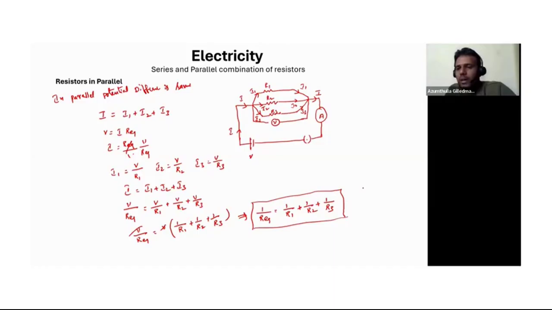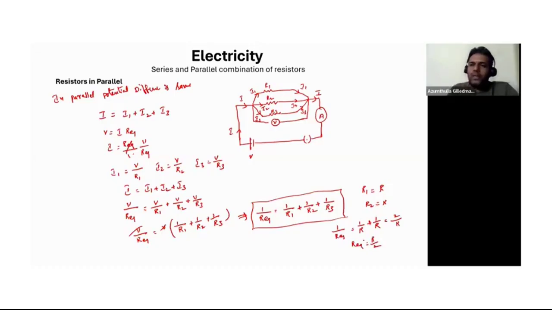For example, I have two resistors. R1 is R and R2 is R. Then the equivalent resistance I can find is 1 by R equivalent equal to, there are only two, so I can just add 1 by R plus 1 by R. This becomes 2 by R. Then R equivalent becomes R by 2.